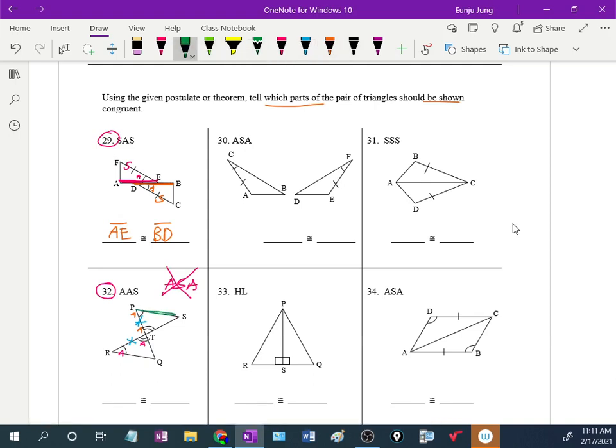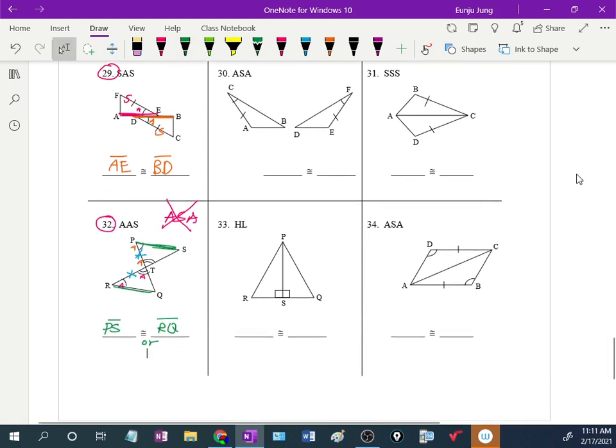Can I go with PS? Sure. Which is corresponding to PS from the other triangle? RQ, I agree. So if I go with PS, I must say RQ. Is there any other option to say angle side angle? Yes, because we have three sides and I should not choose this one, so I can go with this, right? Or this. So it is okay to use that.